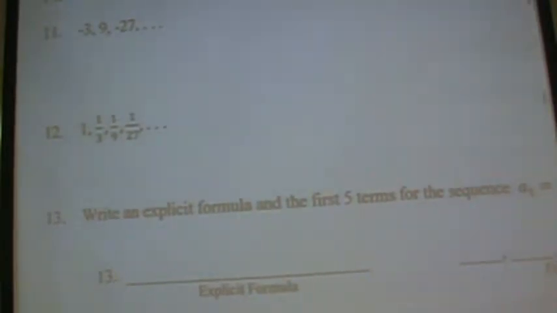For number 11, we need to find the 7th term of the geometric sequence. So we're already told that this is a geometric sequence. So we're going to use an equals a1 times r to the n minus 1. That was our explicit formula for the geometric sequence. So we're finding a7. That equals our first value, which is negative 3, times our r value. Our r value, we're going from negative 3 to 9, so we're multiplying by negative 3.